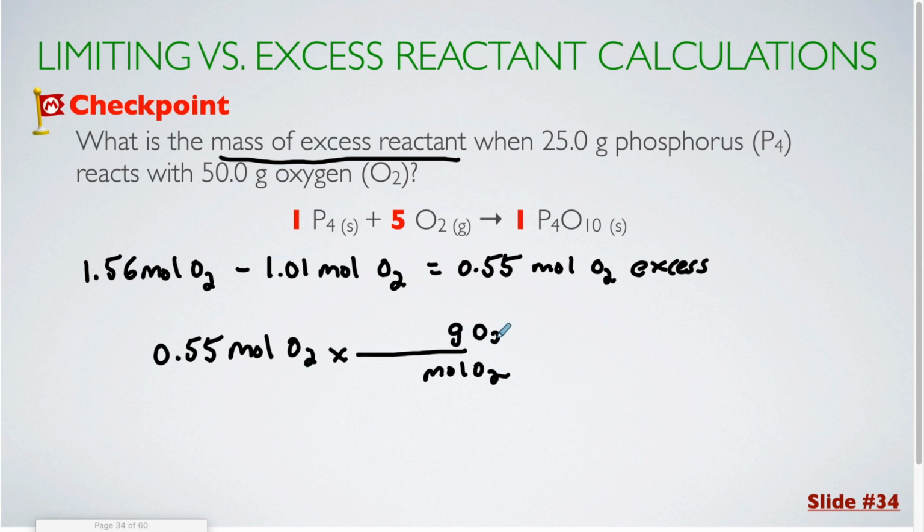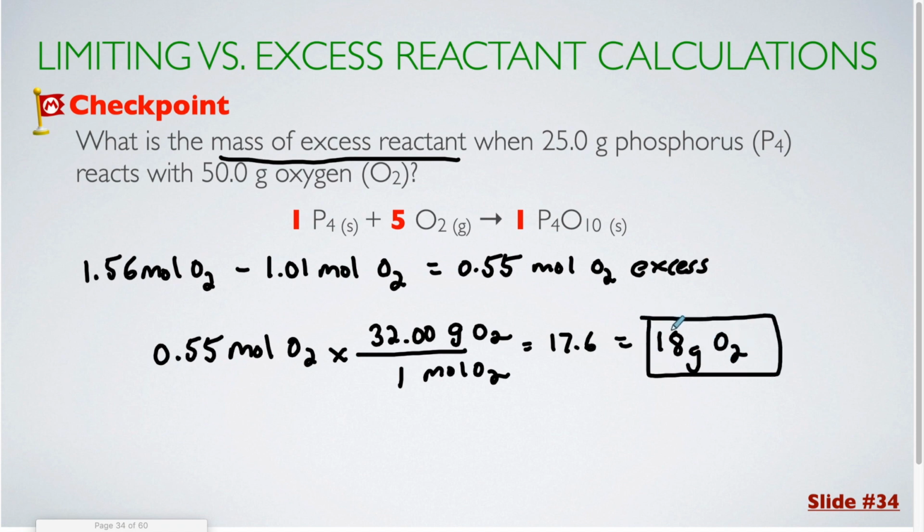Grams of oxygen is going to go on top. 1 mole is equal to the molar mass. For O2, that was 32.00. When I multiply across, I get 17.6, but I only have 2 significant figures here. The 0 out in front doesn't count, so I'm going to round that to 18. 18 grams of oxygen is my excess, so that's all the leftover oxygen we're going to have.